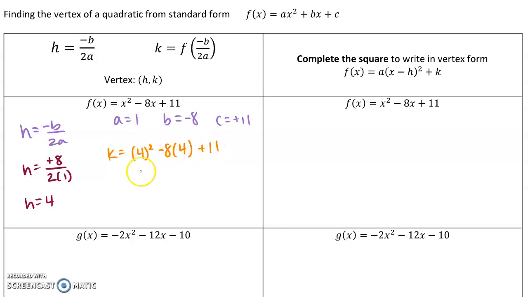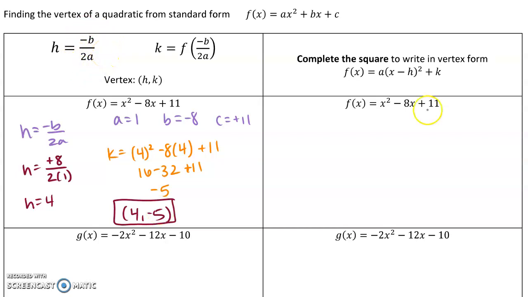So in this case, 4 squared, 16, minus 32 plus 11. And when you put all those together, you end up getting negative 5. So then your vertex would be 4 comma negative 5. So this is just reviewing what we already know, your vertex h, k, is 4, negative 5. So that's using this formula, opposite of b over 2 times a.